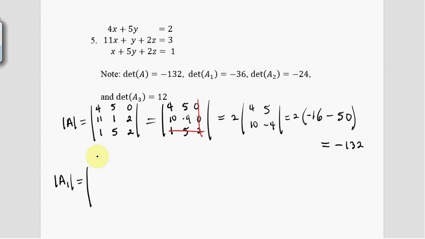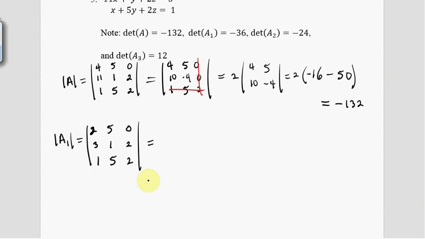So we look at the matrix above, we remove the first column and replace it with 2, 3, and 1. So 2, 3, and 1, 5, 1, 5, 0, 2, and 2. Again, I'm going to use cofactor expansion along this third column.